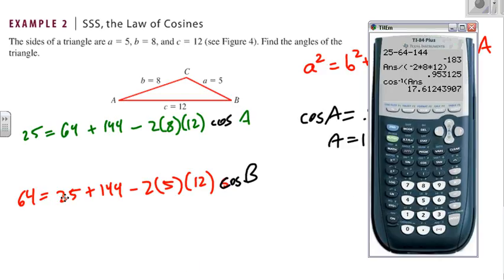Same thing down here, 64. Add those together, that's 169, so minus 169. Divide that by negative 120. And multiply those all out. So we get cosine of b is 0.875.